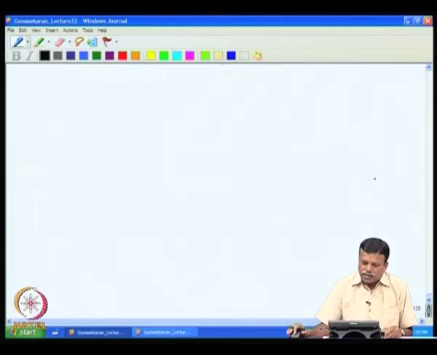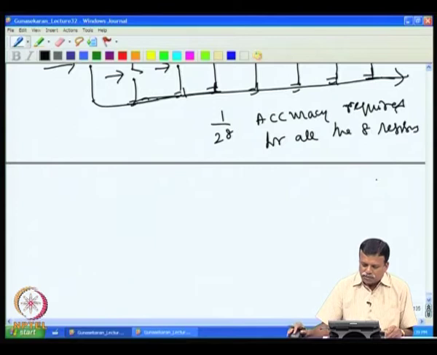So, the other DTA converter is the R to R network.